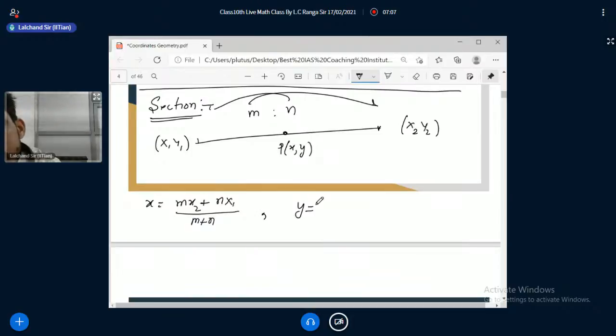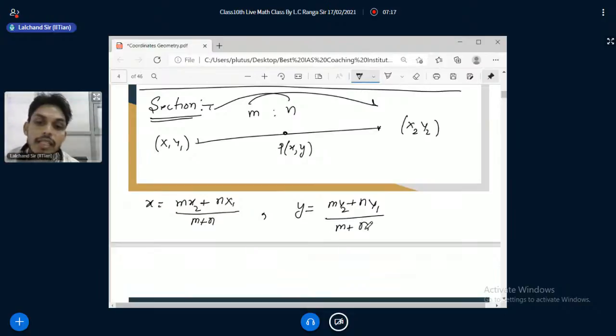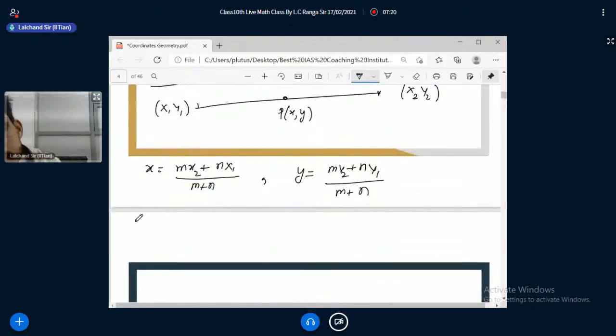And y will be written like m into y2 plus n into y1, divided by m plus n. This is the case of internal division.